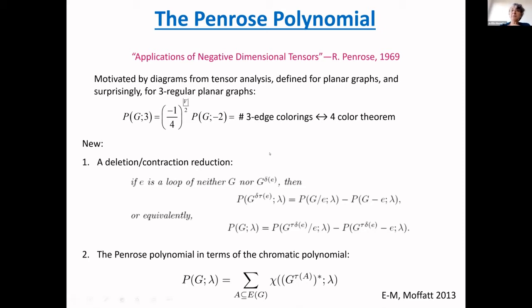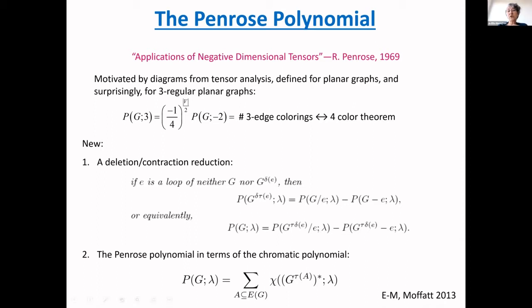But again, if you let yourself work in this realm of being able to take these duals and twists of graphs, it turns out that this polynomial has a deletion contraction reduction, which you cannot see if you're just looking at plain graphs.